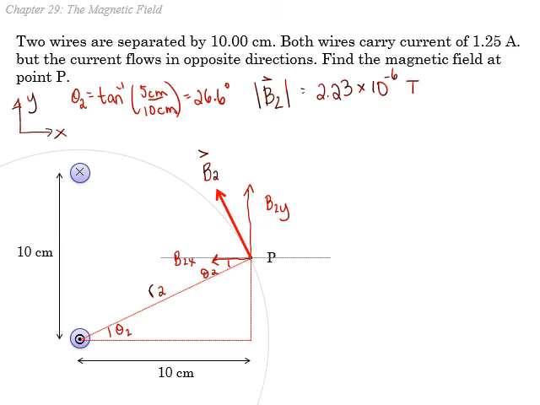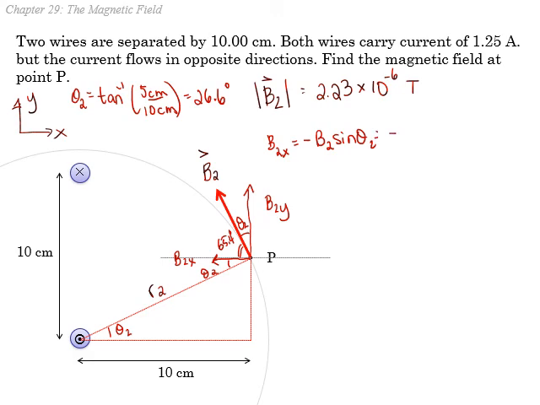Okay, so if this angle is theta 2, then this angle needs to be 65.4 degrees. And this angle also needs to be theta 2. Our B2x is opposite our angle, our B2y is adjacent. So B2x is minus B2 sine theta 2.